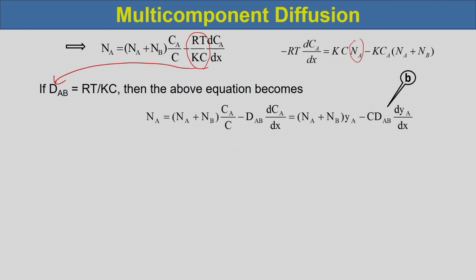Ca by C, the concentration of A divided by the total concentration, is the mole fraction of component A. So, we can write Na equal to Na plus Nb into Ya minus C DAB dYa/dx.